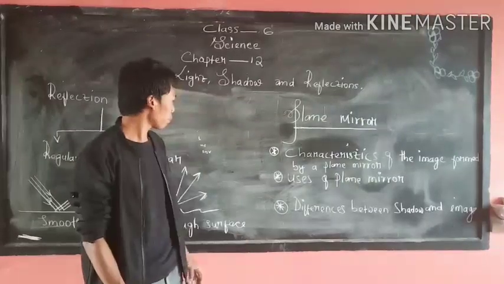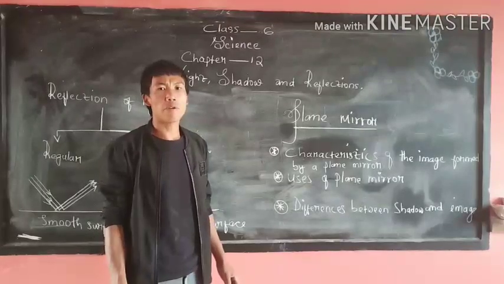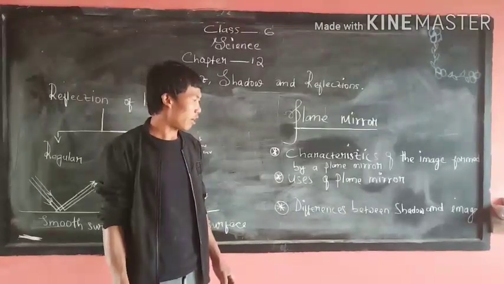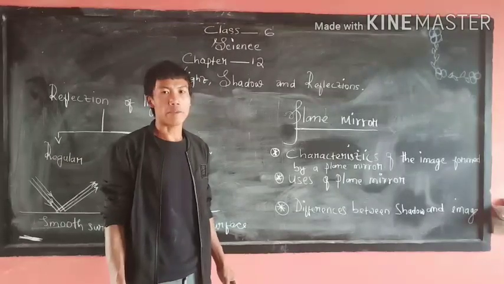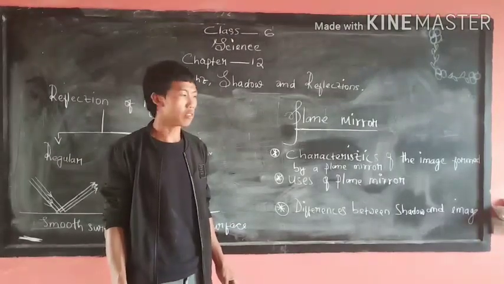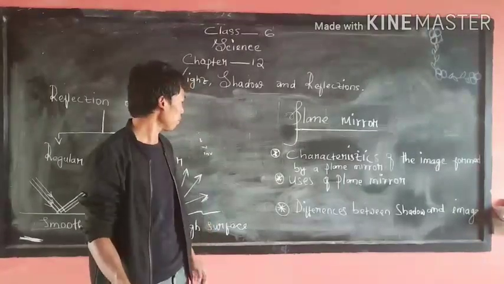Point number 2. Shadows are formed when light is blocked by an object, whereas an image is formed by the reflection of light.